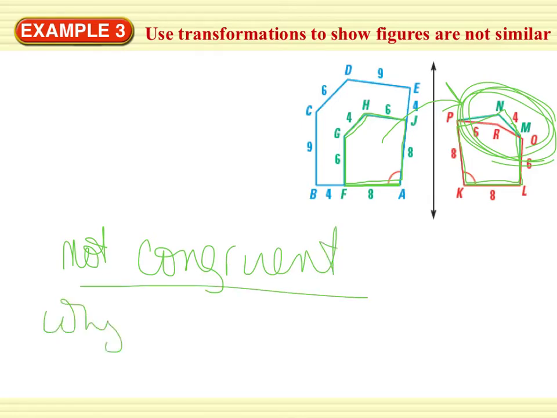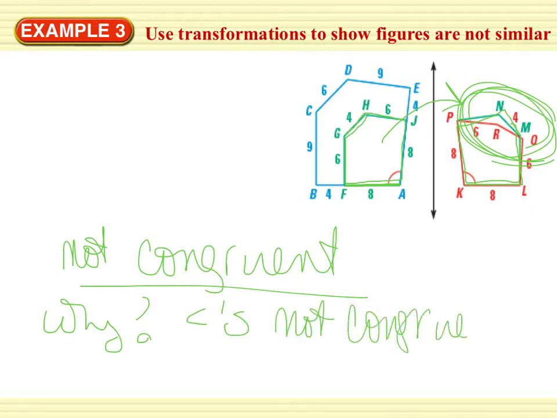Why, you may ask? Because the angles are not congruent. Okay, the reflection was not a good reflection. And that's really the basis for the whole why, okay?